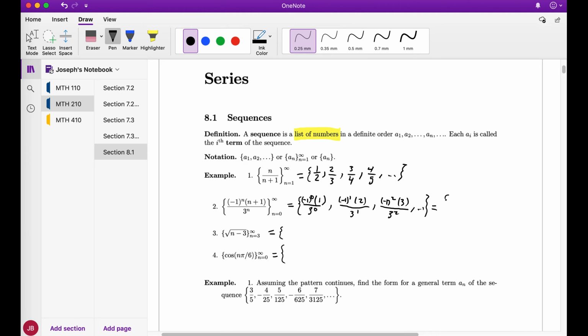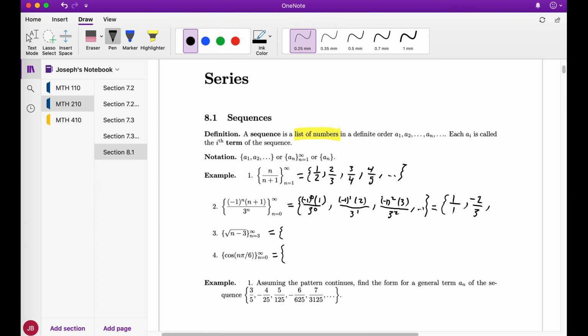And now let's simplify this. The first term of the sequence, well, any number to the 0 power is just 1 times 1. I get 1 on the top. 3 to the 0 is 1, so I get 1 on the bottom. Next one here, negative 1 to the first is negative, and then I get a 2 over 3.